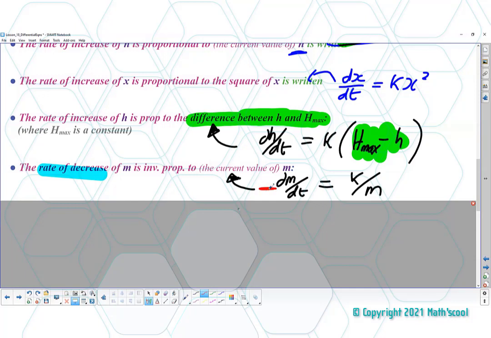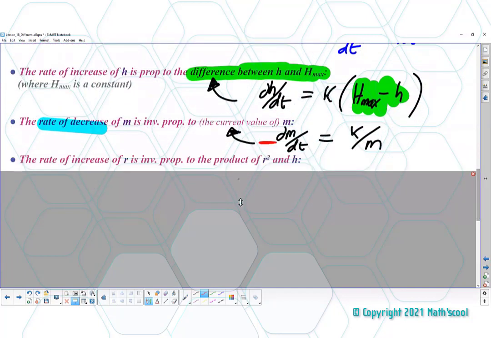Of course, if you didn't use the minus, the k would just appear with a negative number in it. We want the k to be positive. We want our constant of proportion to be positive. So we'll see that later on.